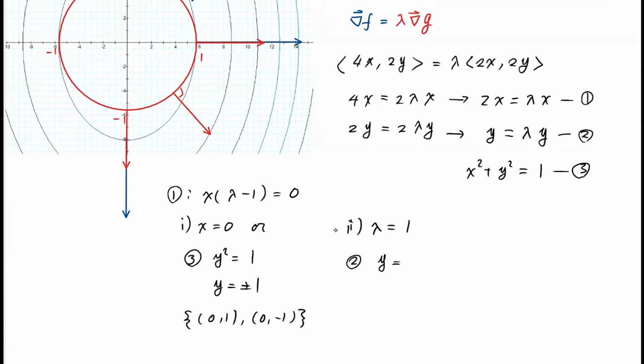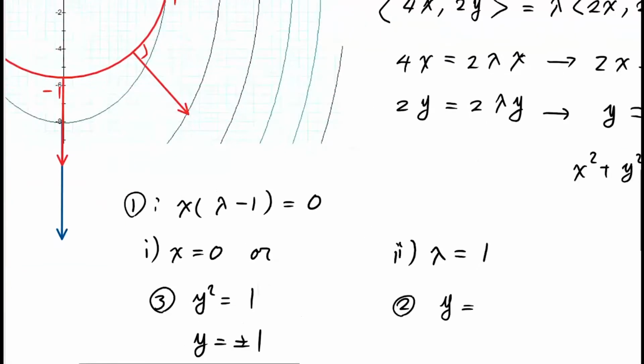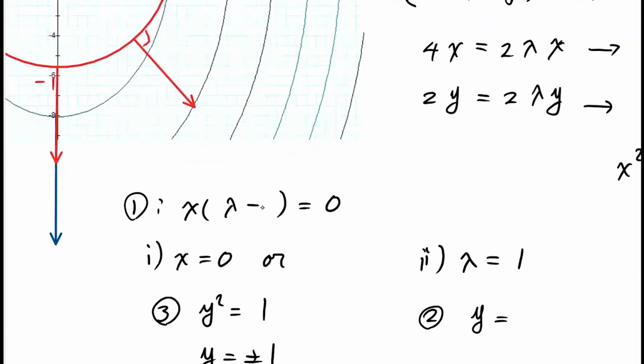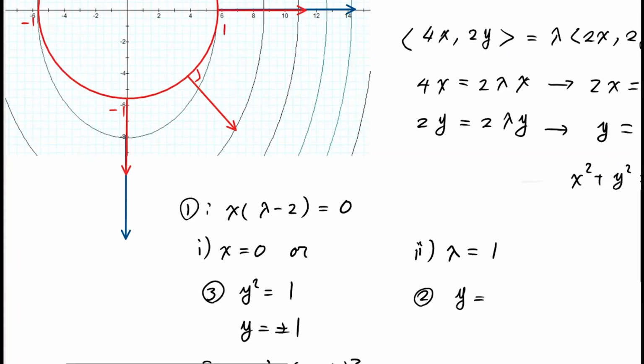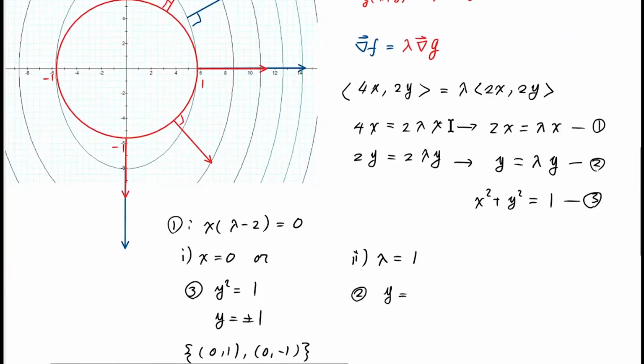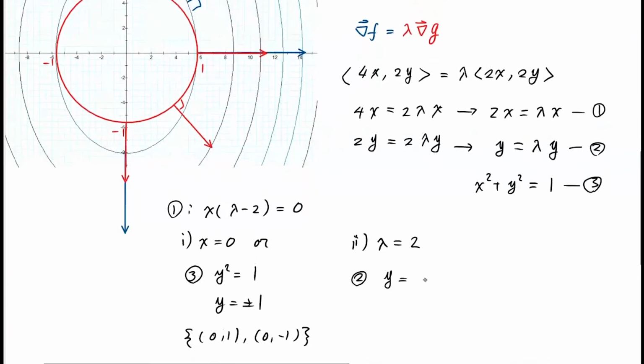Did I mess up? Yeah, this lambda is not equal to 1, lambda is equal to 2, right? This equation has 2, right? So lambda is equal to 2. My bad. So equation 2 then tells you y is equal to 2y, right?